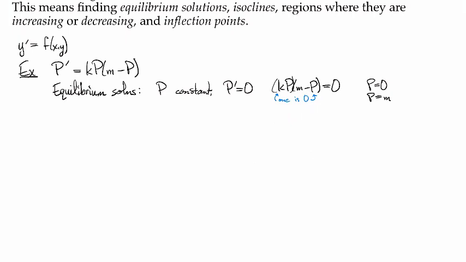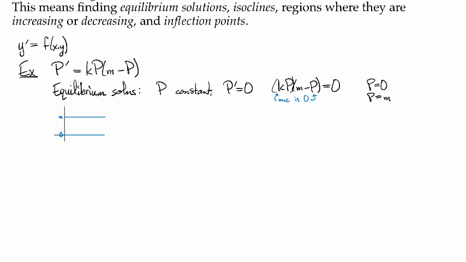We can put that data to good use here. P equals m is going to be an equilibrium solution, and also P equals 0 is going to be an equilibrium solution. Then we can go a step further and look at the signs.